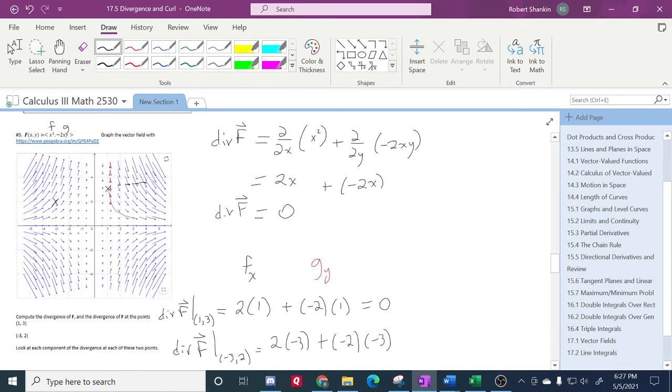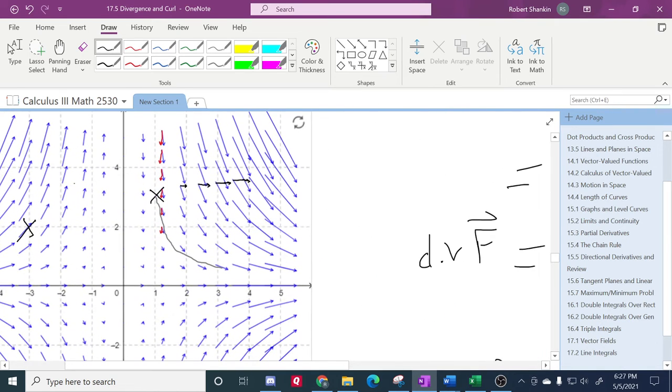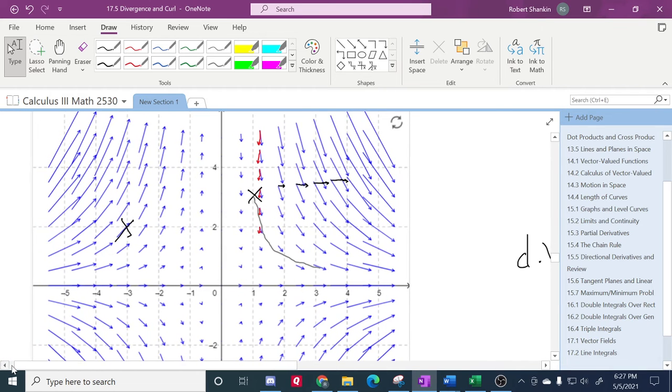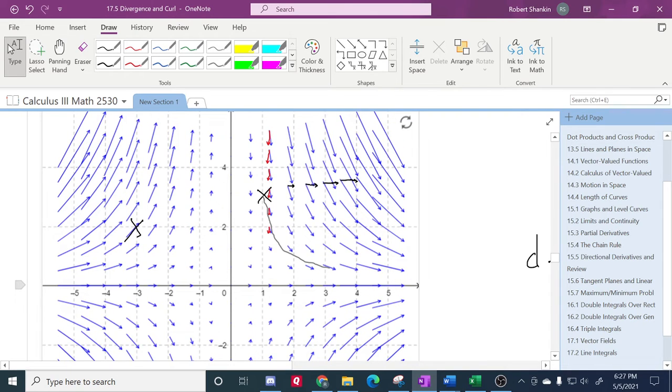So what's it saying at this point? As I move in the direction of the positive x-axis from this point, my x component of each vector is getting shorter. I am compressing.